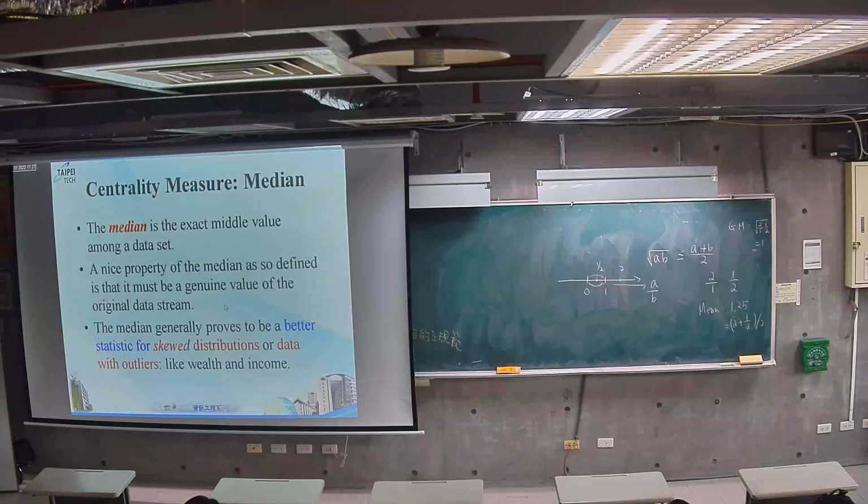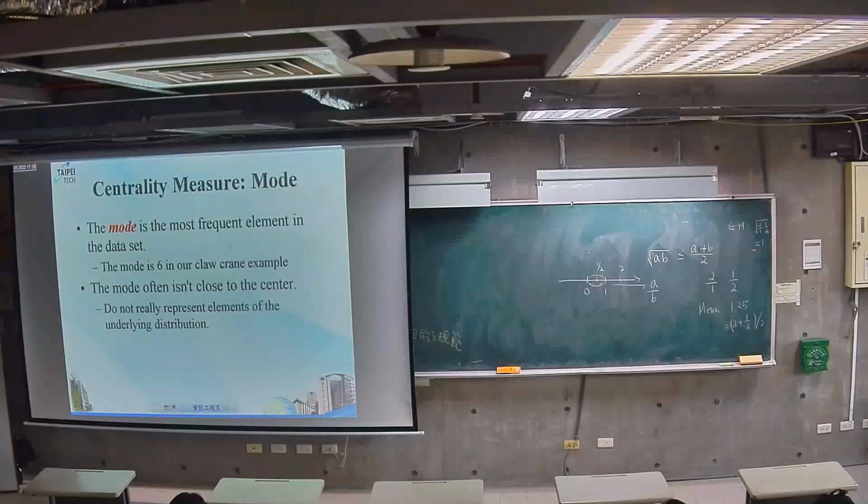I think we seldom use that, right? The mode is the most frequent element in the data set. So in our example, it is 6.